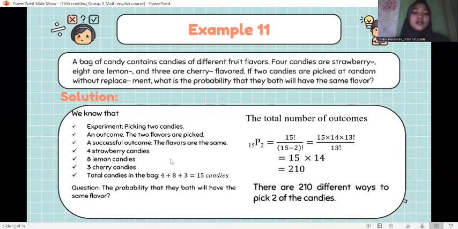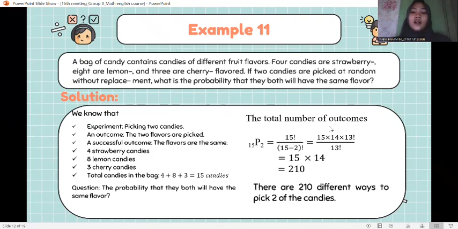Strawberry candies are 4, lemon candies are 8, and cherry candies are 3. So the total candies in the bag is 4 plus 8 plus 3 equals 15 candies. The question is the probability that they both will have the same flavor.